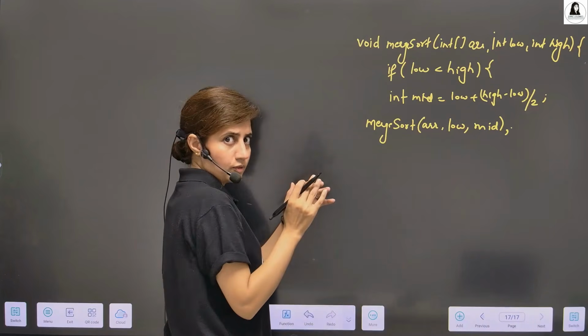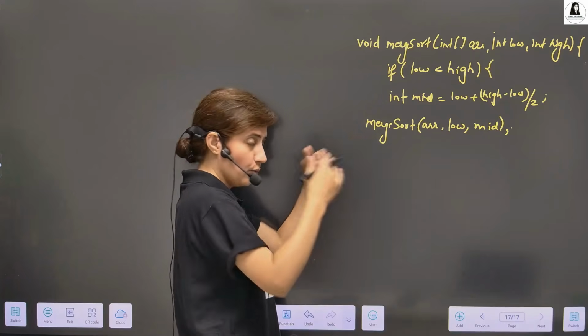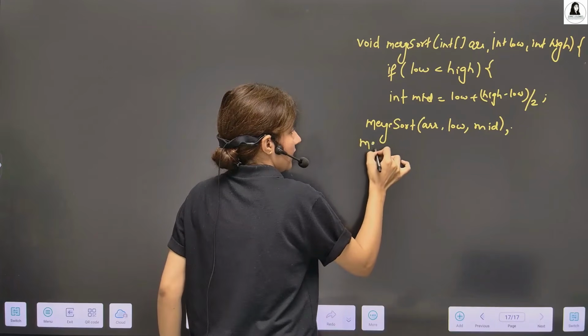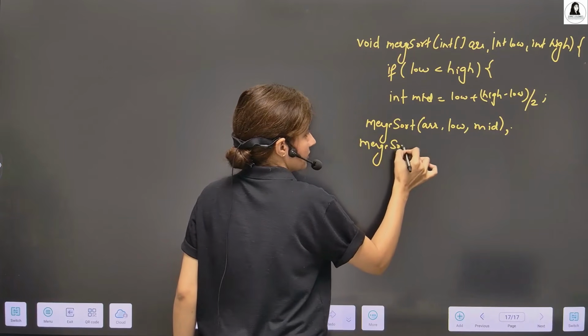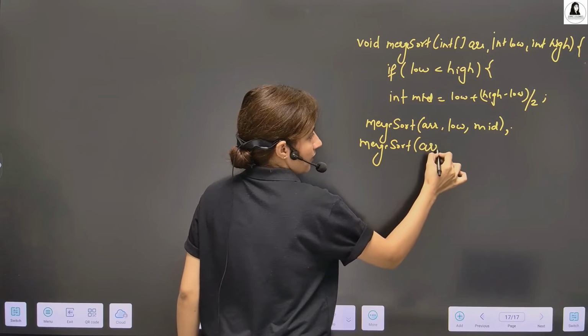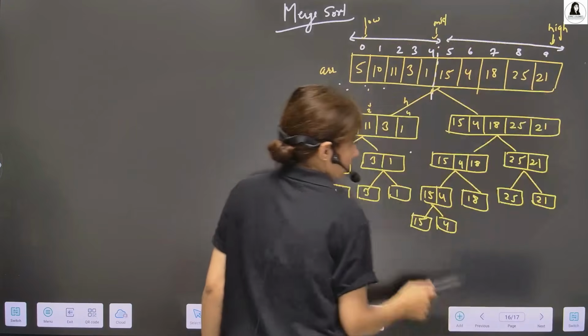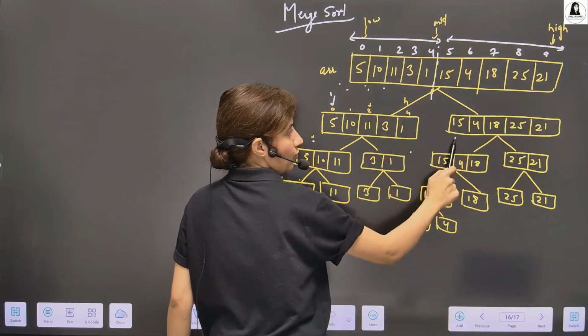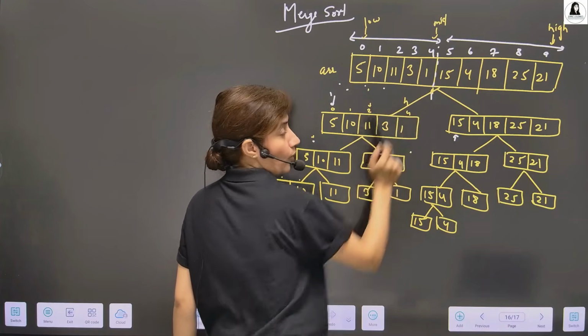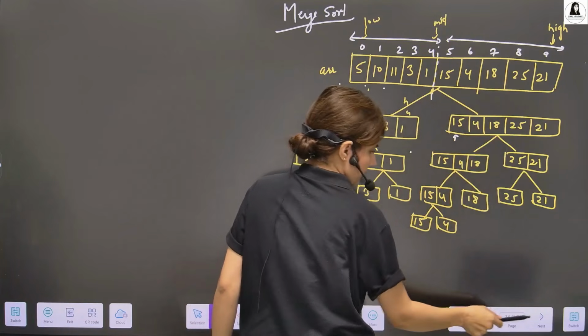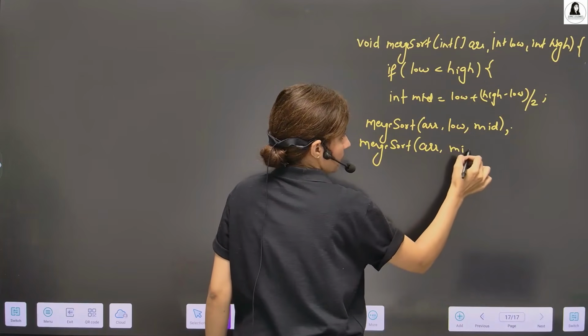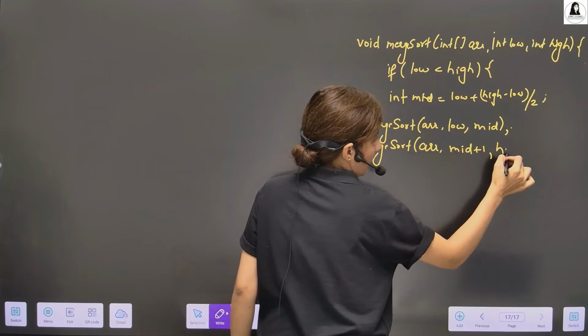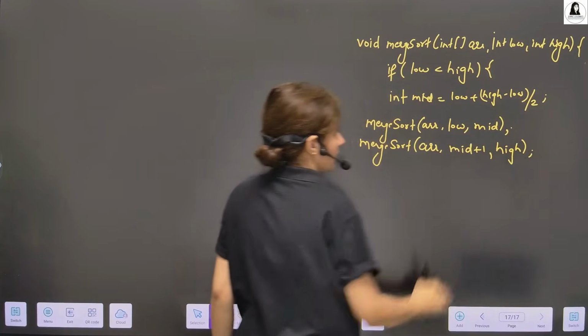This is my first half. Again I divide this. Secondly, for the right half array, low is mid plus 1 and high is as it is.